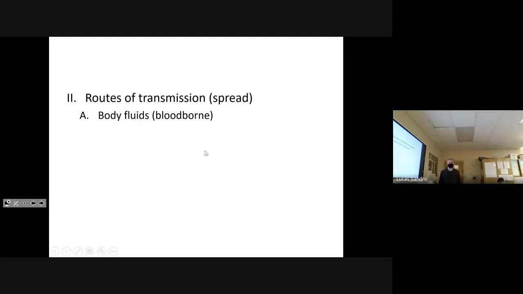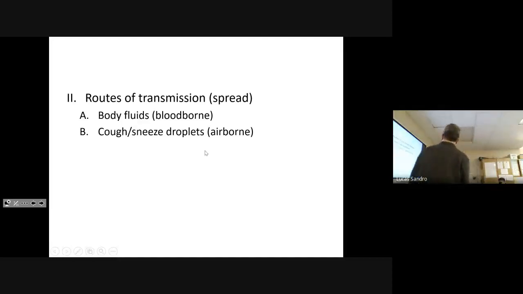Good. Through the air, through cough and sneeze droplets. There are some fine lines within this kind of transmission. And COVID has actually been sort of in the thick of that. Does it actually go completely airborne or is it just through droplets? There are some differences there, but we'll kind of lump it all together.